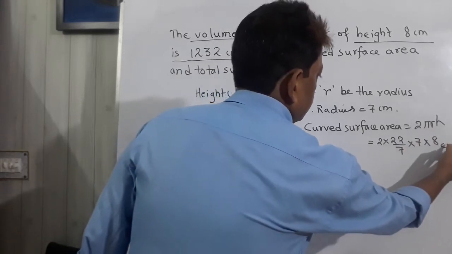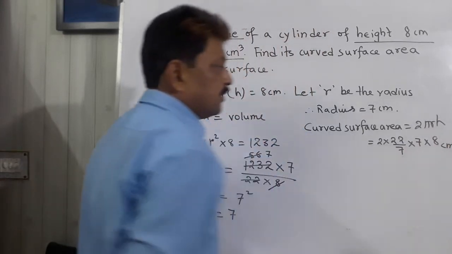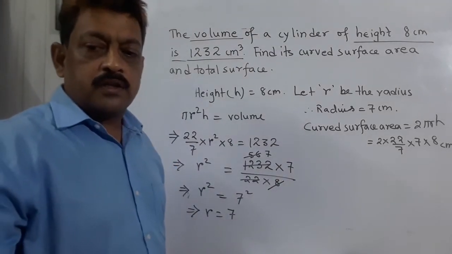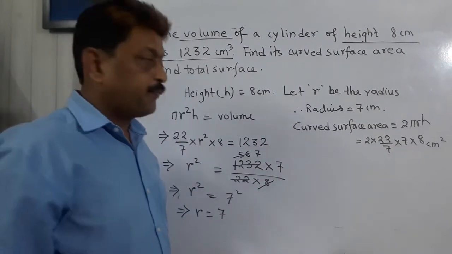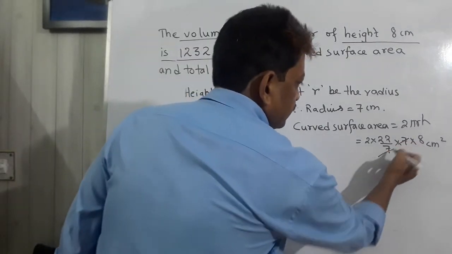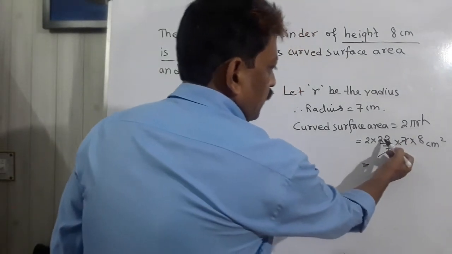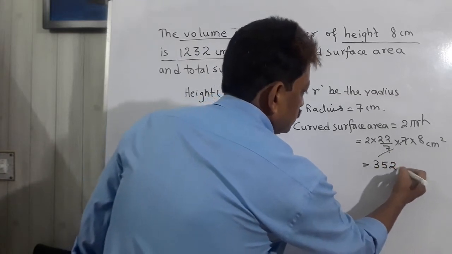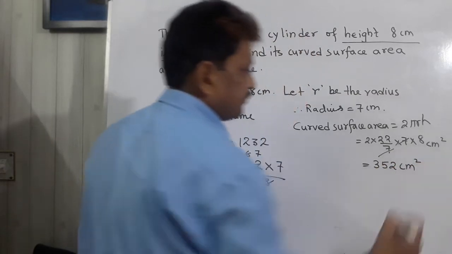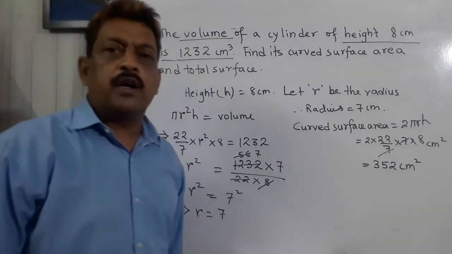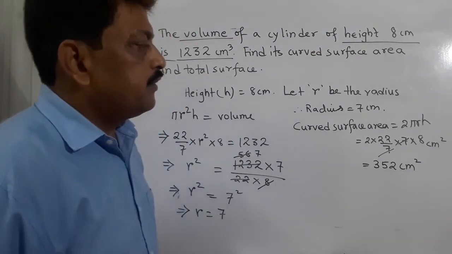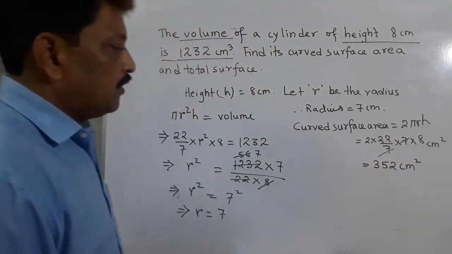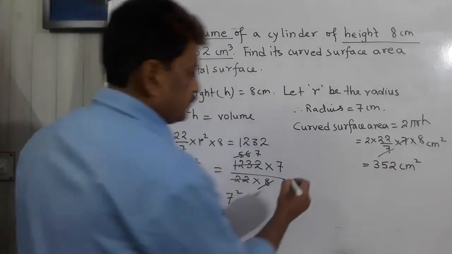This is centimeter square, as the unit of curved surface area is centimeter square. Okay, now this 7 is cancelled, so it is 176, 352 centimeter square. Okay, so curved surface area is 352 centimeter square.